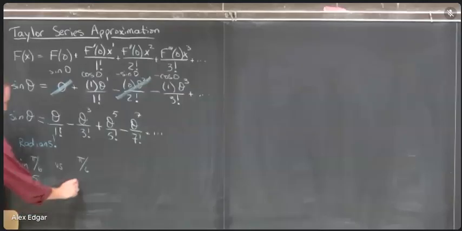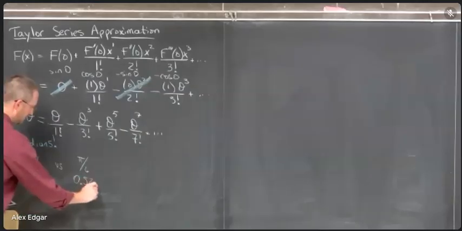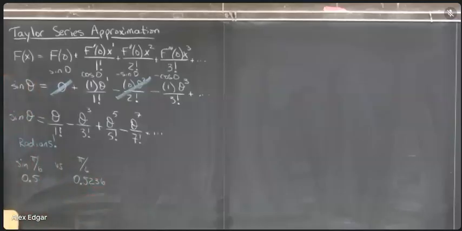Pi over 6 is 0.5236. They're pretty close together. 0.5 versus 0.5236 is about 5% difference. We will call it error.